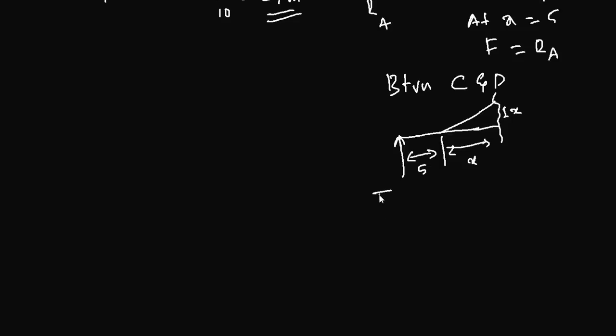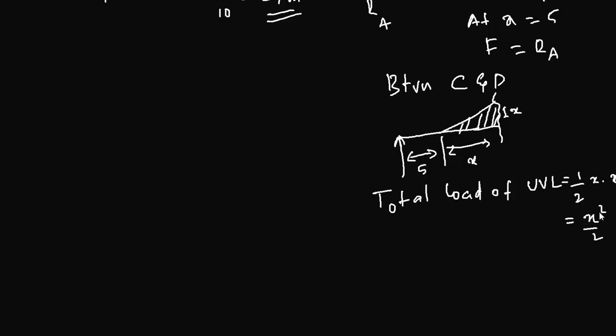The total load of this uniformly varying load, for this hatched area, is half x times 1x, that is x squared over 2. That is the total load, and you don't really need to know where that load is acting.